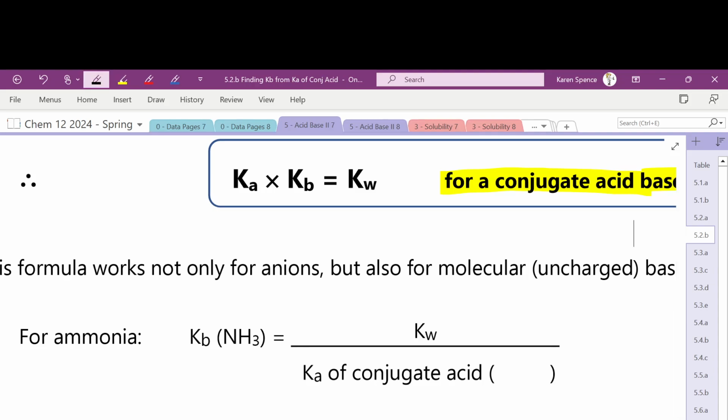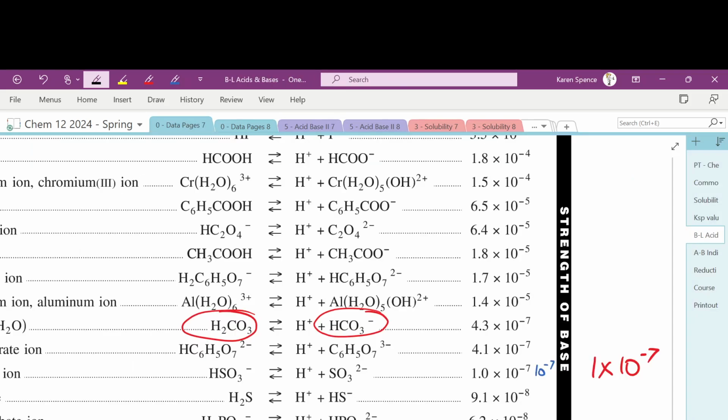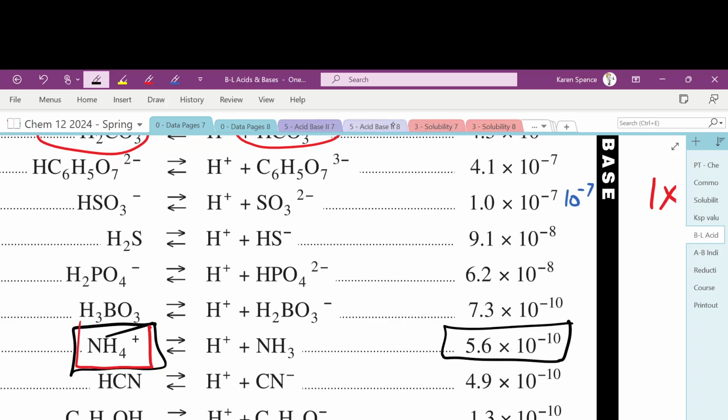Who is the conjugate acid? NH4 plus. So let's calculate that. What is Kw? 1.0 times 10 to the negative 14. And then you would have to look up Ka of NH4. Oh, there's NH4. 5.6 times 10 to the negative 10.